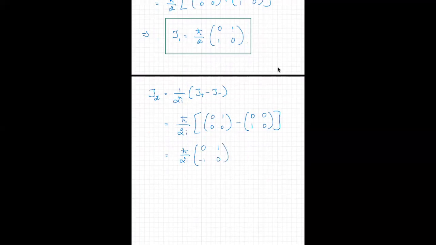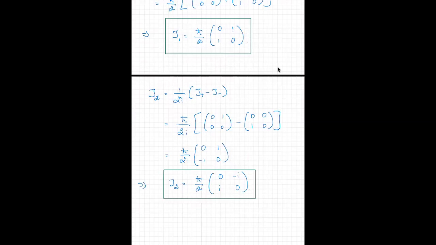Okay. Which tells me that J2 can be written as H bar over 2 times 1 over i is minus i. So if I multiply it throughout by minus i I get 0, minus i, i, 0. Excuse me, J2 is purely imaginary.